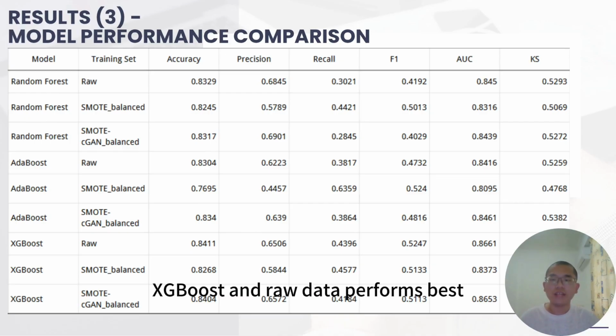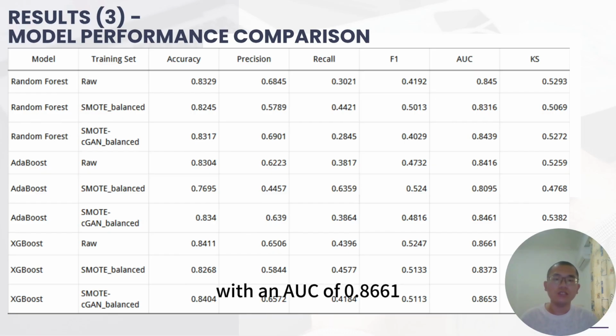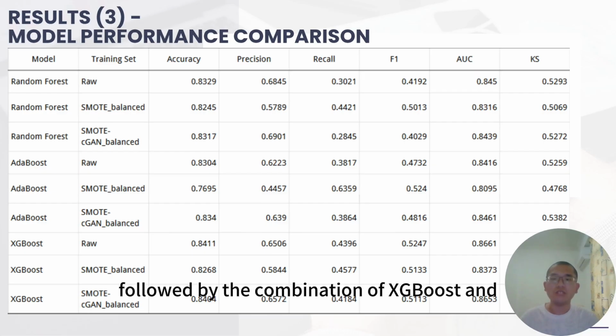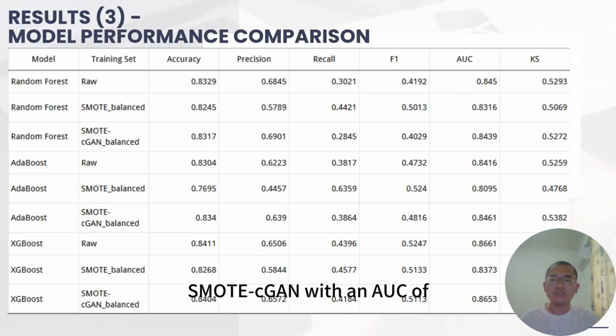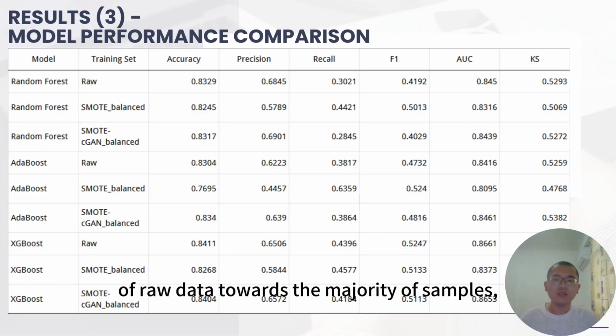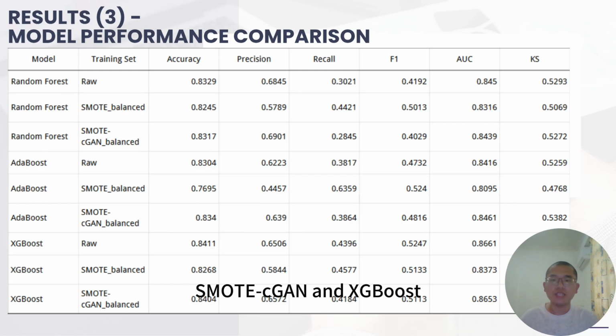The combination of XGBoost and raw data performs best with an AUC of 0.8661 and a KS of 0.5732, followed by the combination of XGBoost and SMOTE-CGAN with an AUC of 0.8653 and a KS of 0.5722. However, considering the bias of raw data towards the majority of samples, SMOTE-CGAN and XGBoost are the optimal combination.